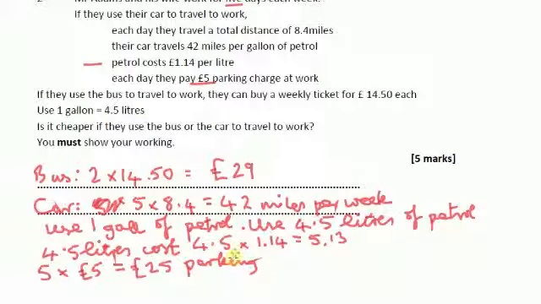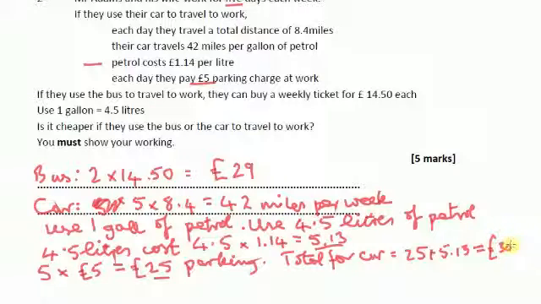So the total, when they use the car, will be £25 plus £5.13, which comes to £30.13.